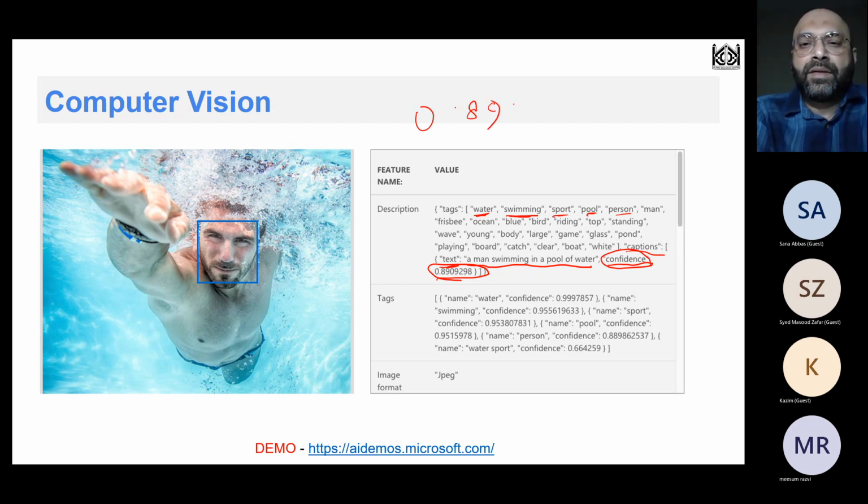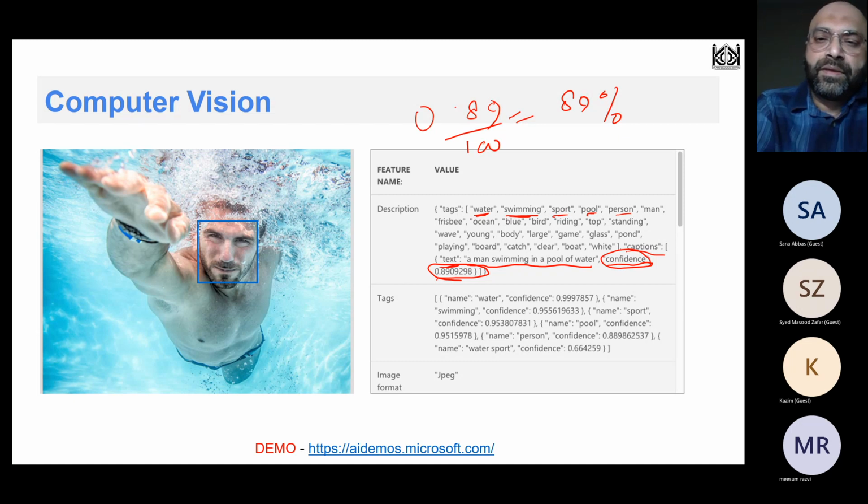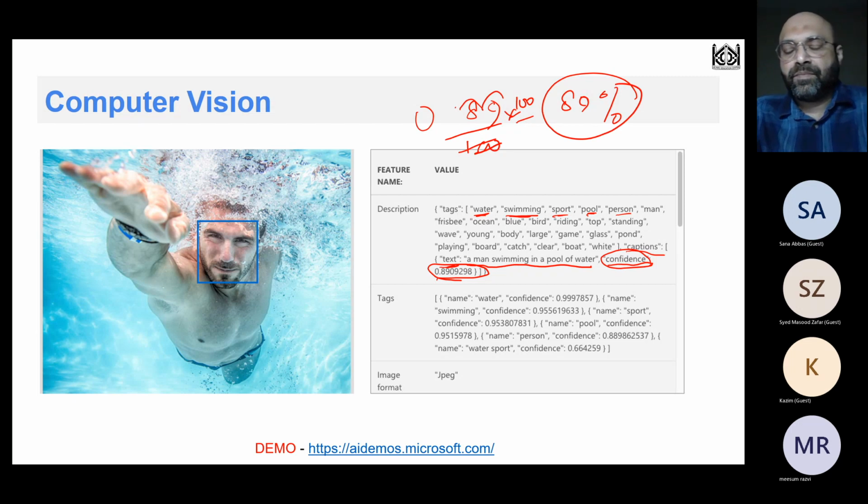0.89 equals 89 percent, because, is it divided by 100 or multiplied by 100? I think it's times 100, yeah. So 89% is the confidence.